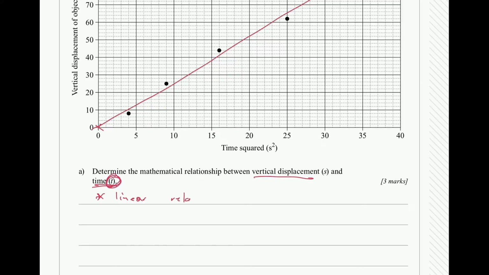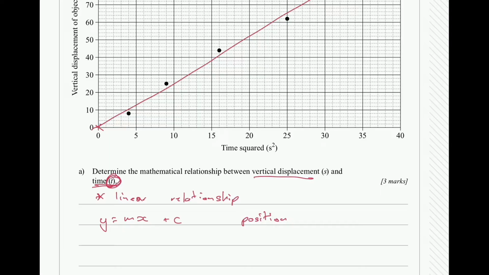A linear relationship is y is equal to mx plus c. We have a 0, 0, so at time 0, or at time squared 0, the displacement is 0. You're at your starting position.